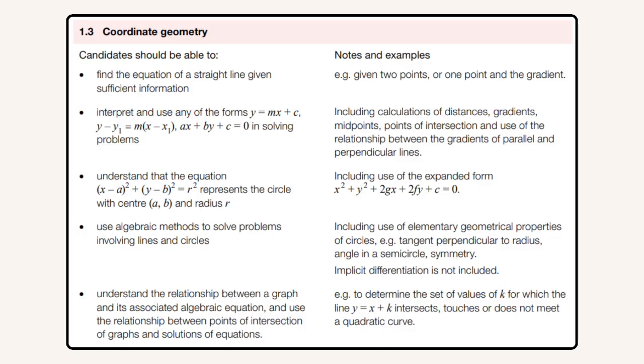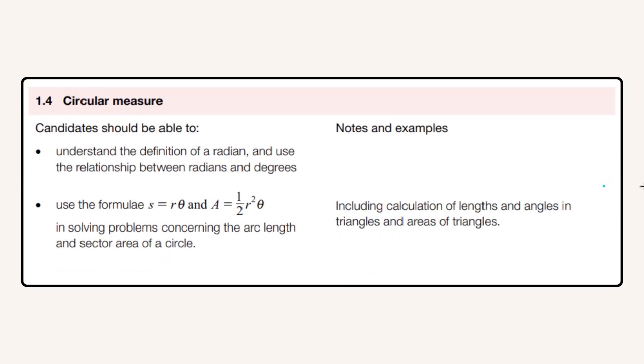So yeah, I think that's all that's needed for coordinate geometry. We'll also go through some questions related to coordinate geometry, so we'll go more in depth with this topic.